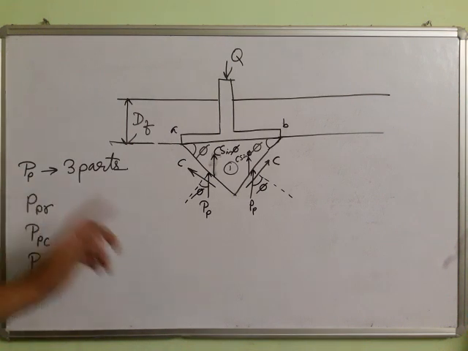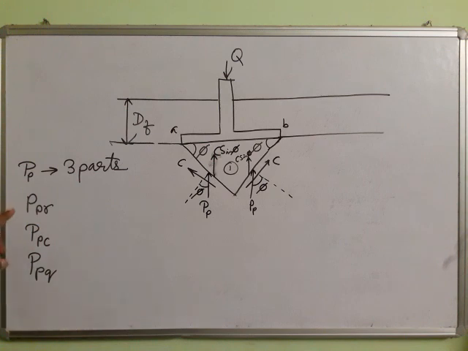Now this PP consists of three parts. One is PP gamma, another is PPC, and the third one is PPQ. They are related to various components. Now PP gamma is related to the weight of the soil in the shear zone, in zone 2 and zone 3.